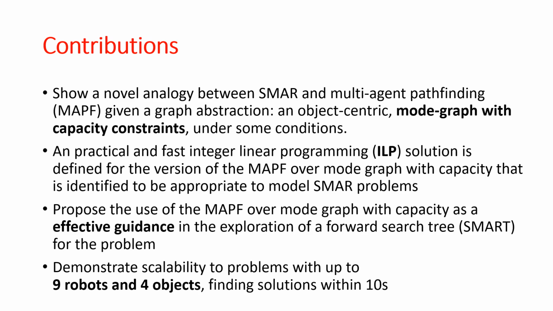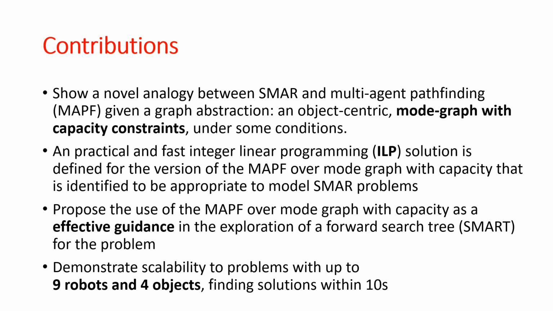Now, once we have formulated it as a multi-agent pathfinding problem, we can leverage previous work and modify it with extensions to formulate a mixed integer linear program to quickly find solutions to guide the search in the task planning space.